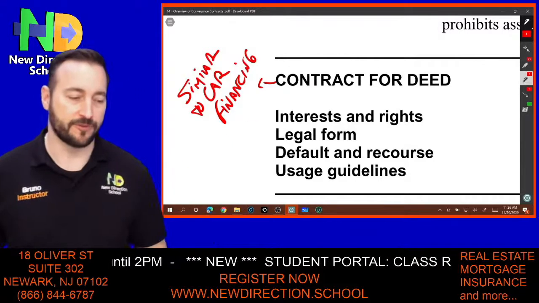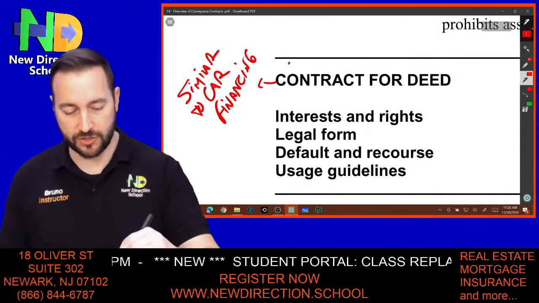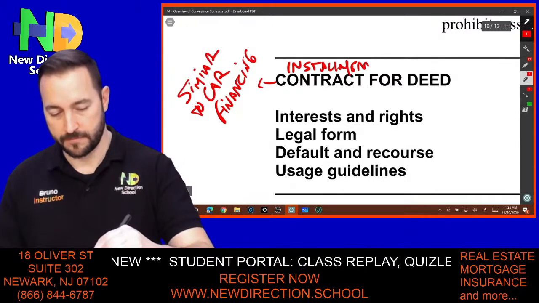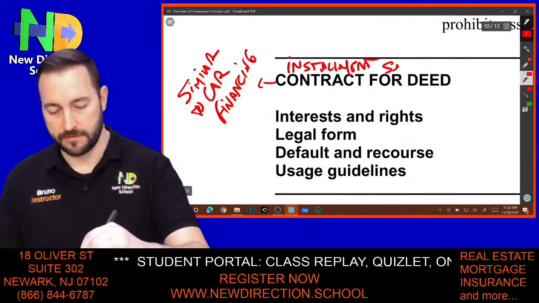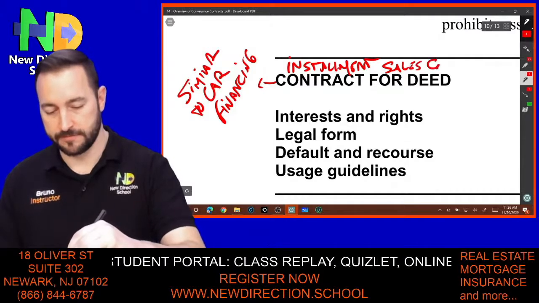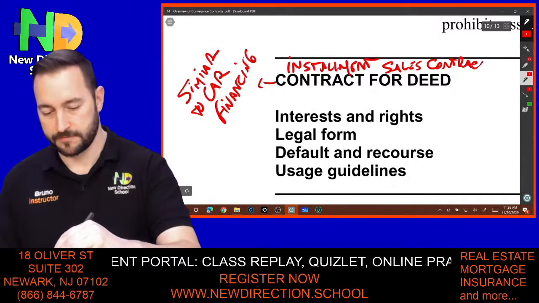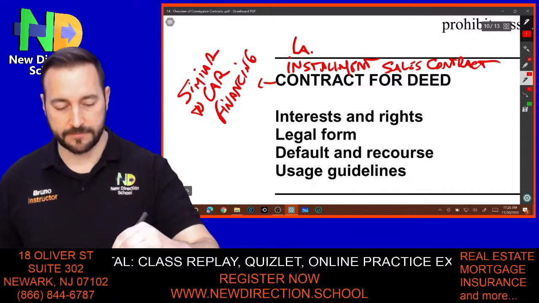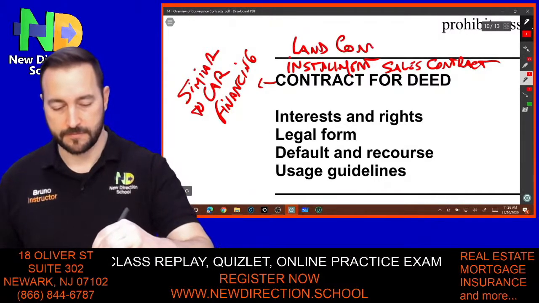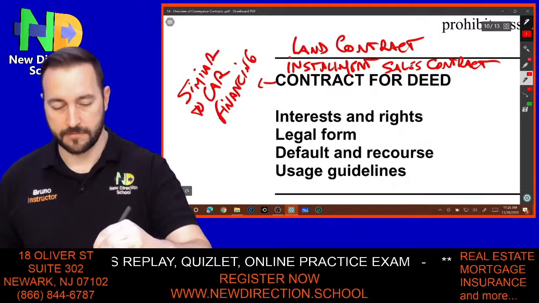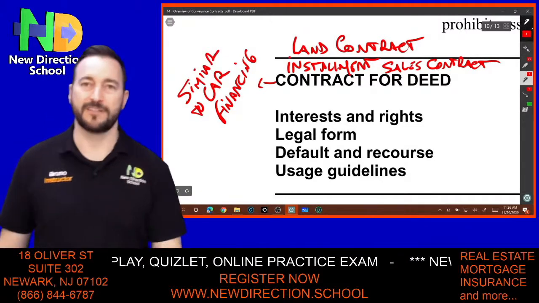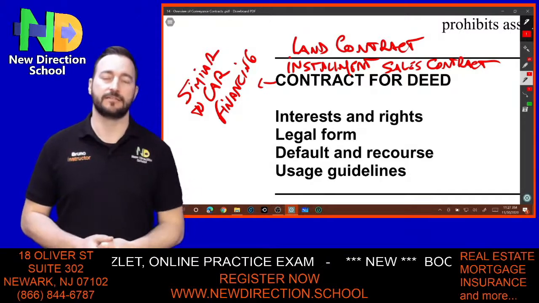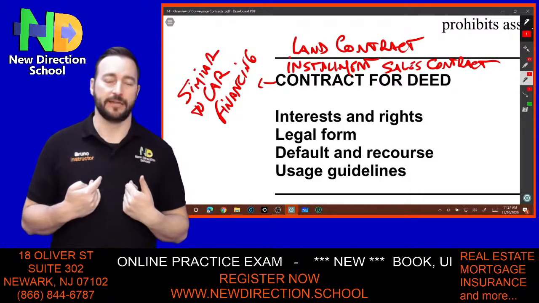So a contract for deed, also known as an installment sales contract, also known as a land contract, is where the seller says, instead of leasing, look, I'll be the bank.